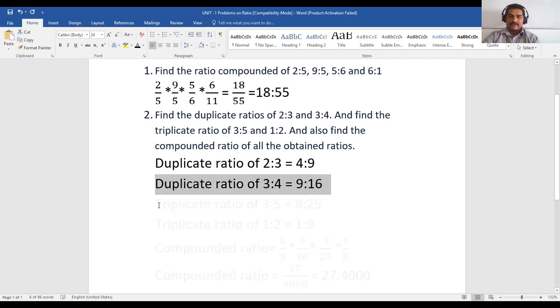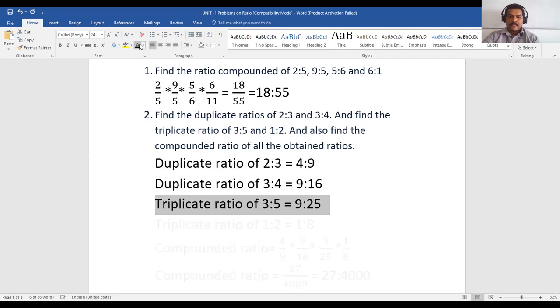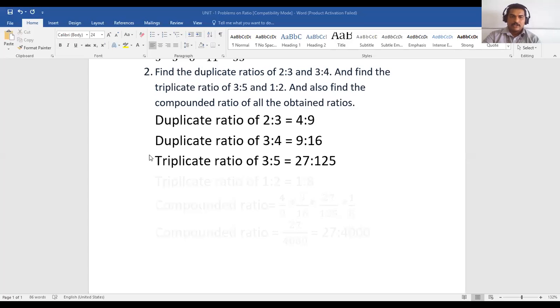So next, we need to find out the triplicate ratio. Triplicate ratio means we have to cube the given ratio. So we need to find the triplicate ratio of 3:5.